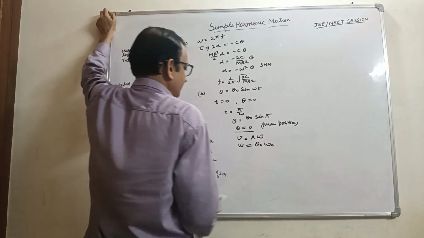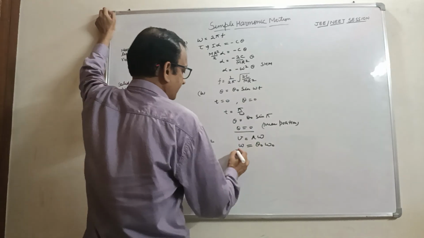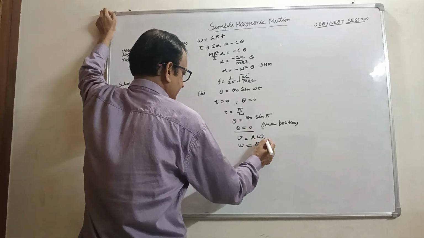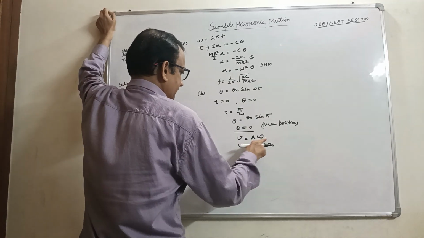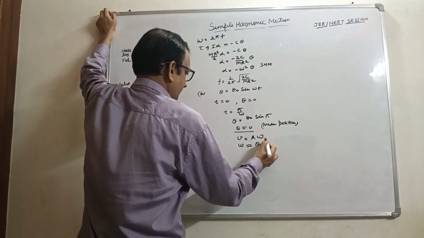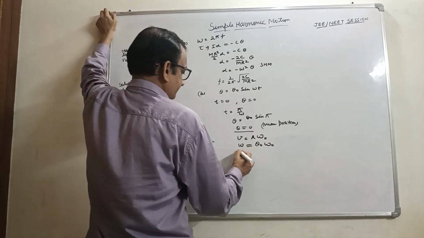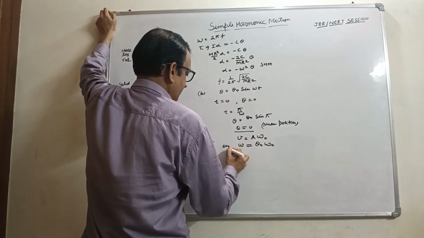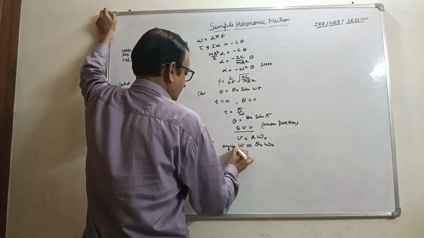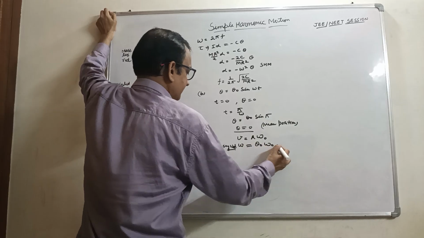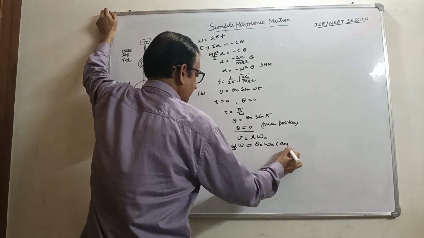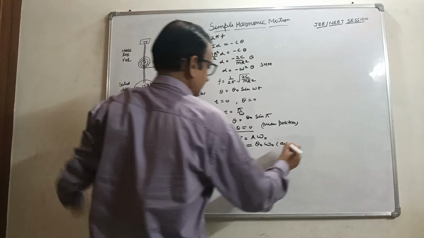Omega naught is the angular velocity, and omega is the angular frequency.